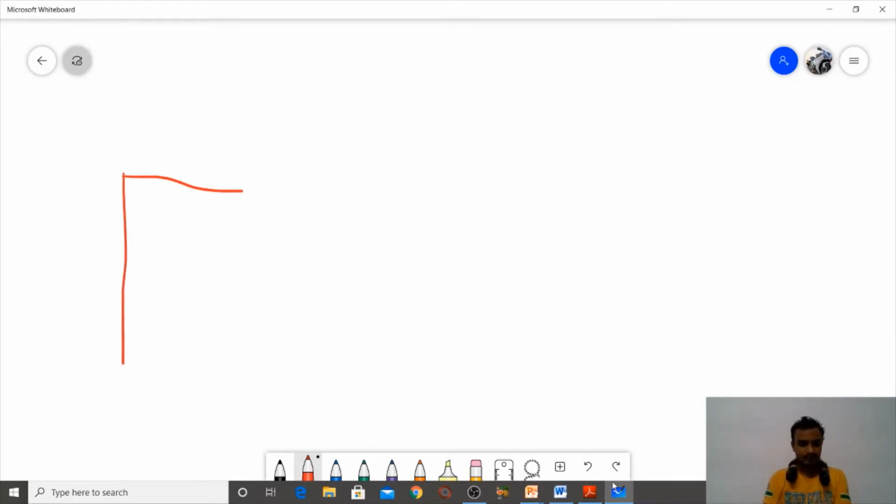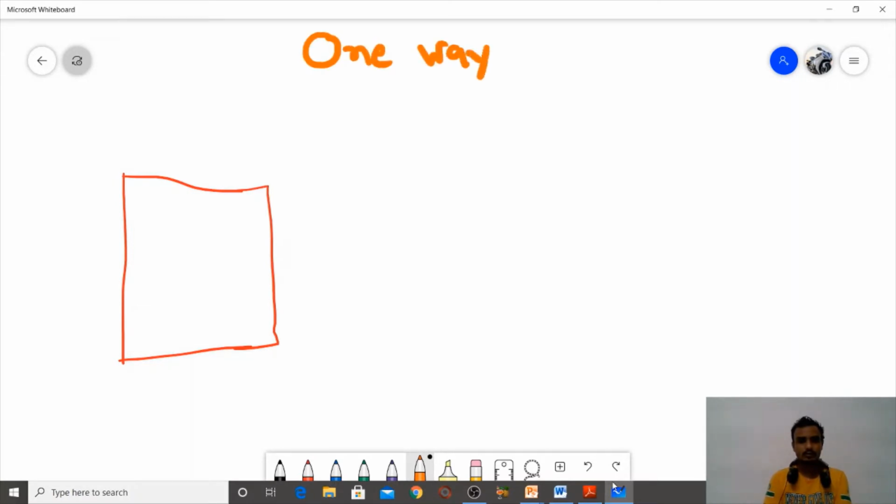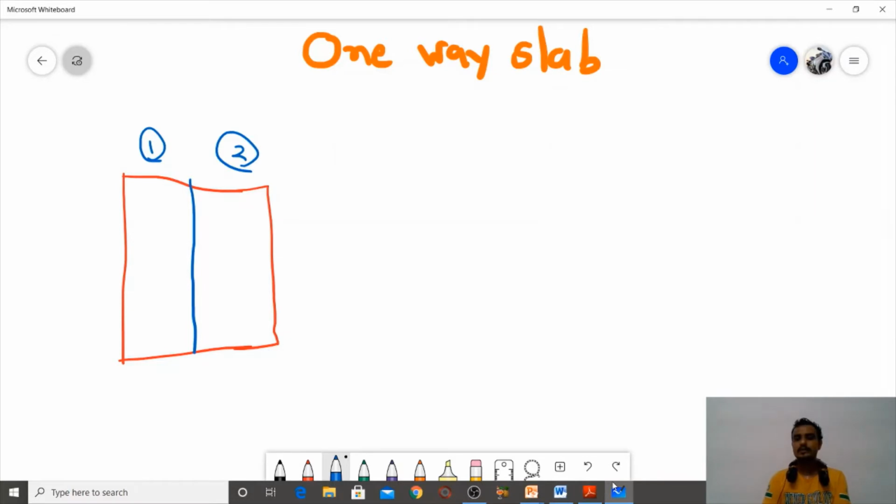We have two types of slab. First is the one-way slab. Here is a one-way slab, and I am going to divide this slab into two parts: here is the first slab and here is the second slab. I am going to design this beam.